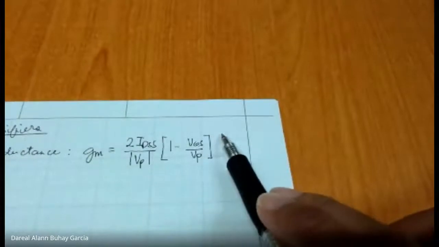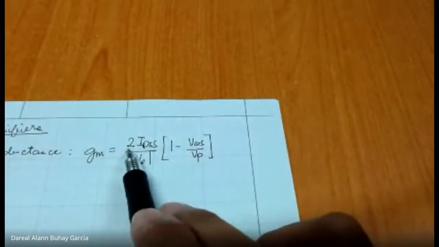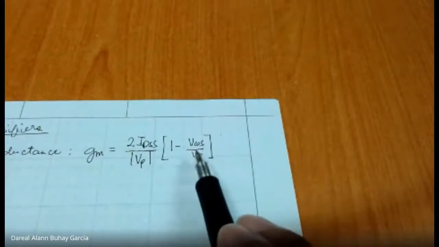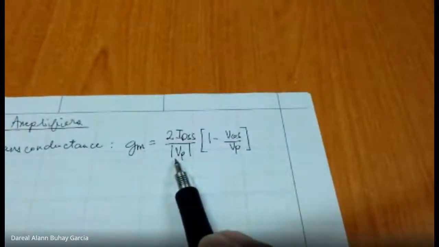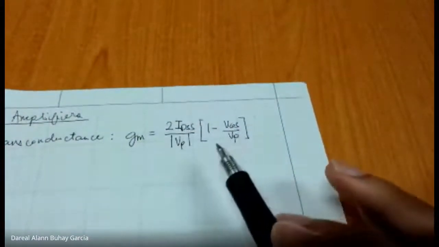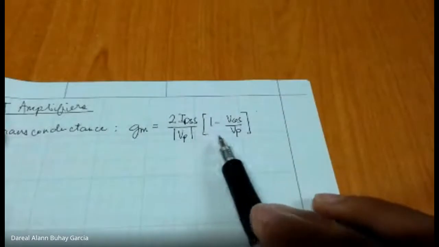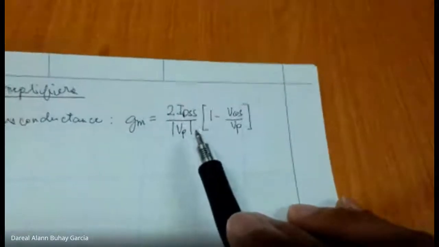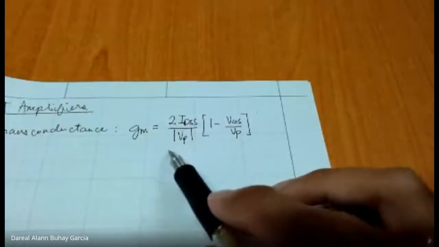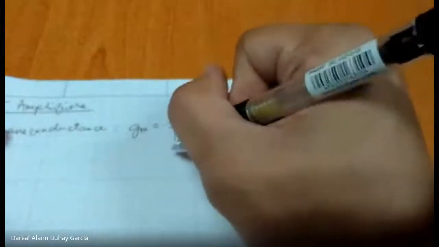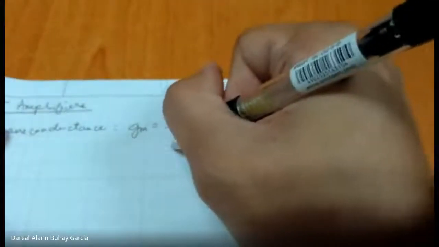Kaya mga atong chain rule, no? Squared na to, setting VGS to 0, mabilin ni negative VP, and so ang derivation is nasa text, but pwede na ito as is, that this is the formula for GM. No? And this part is the GM0, or GM when VGS is equal to 0.